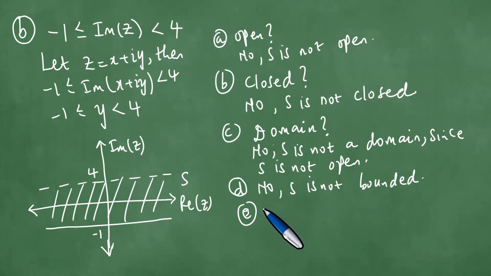So we certainly need to look very carefully and say that yes, S is connected. It cannot be written as a union of two open sets that are disjoint. So it is connected. Okay. And then we answer the next question.